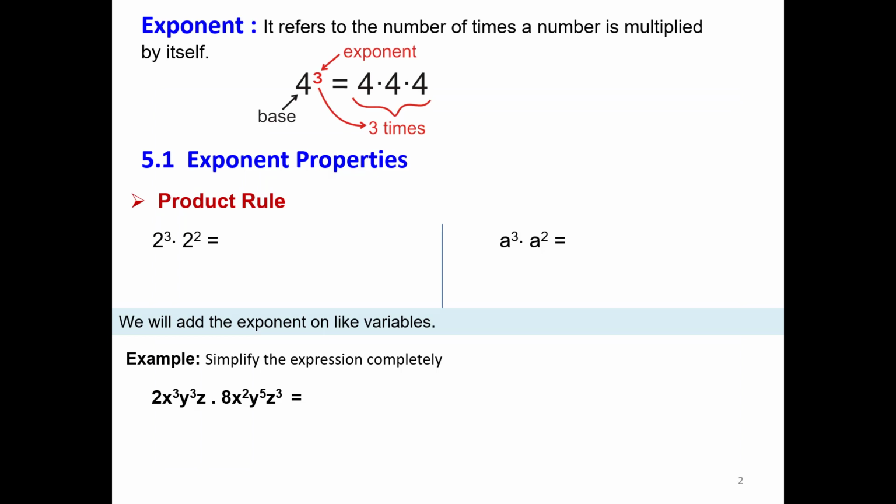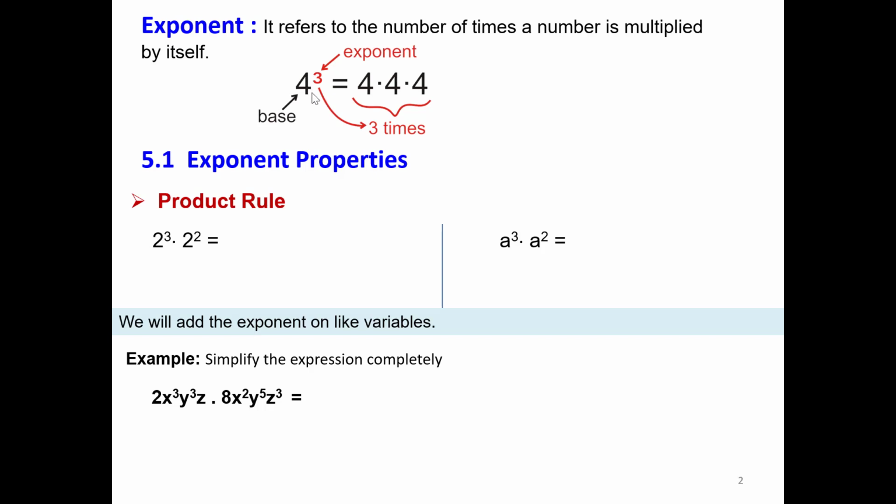First, let's review the concept of the exponent. The exponent refers to the number of times a number is multiplied by itself. If we have 4 to the third, in this case 4 is the base and 3 is the exponent.